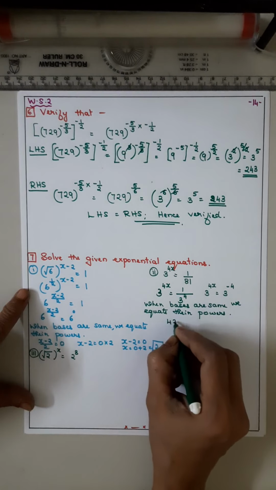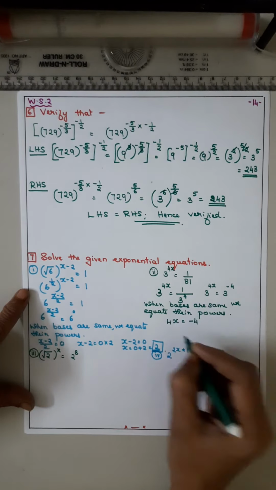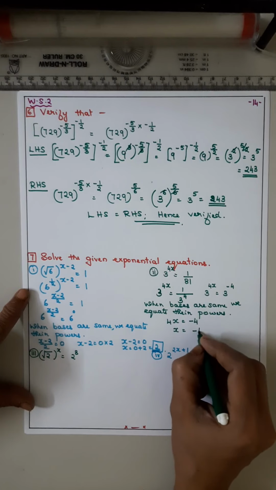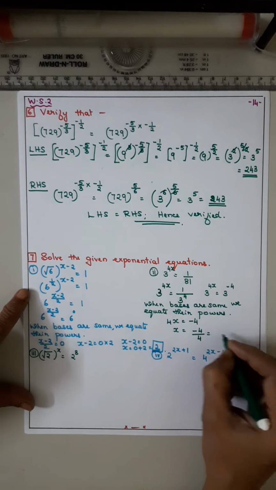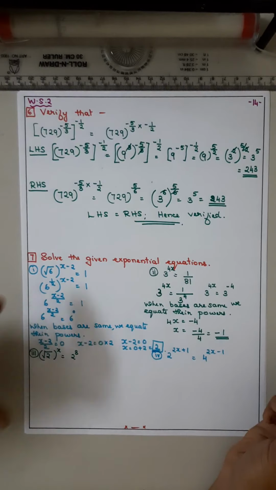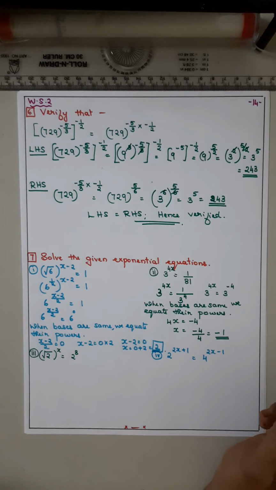Now 4x is equal to minus 4. So x is equal to minus 4 by 4. That is minus 1. So the answer is minus 1.